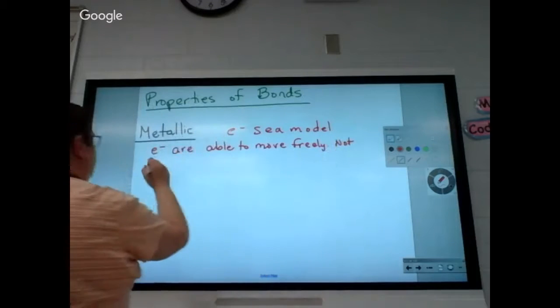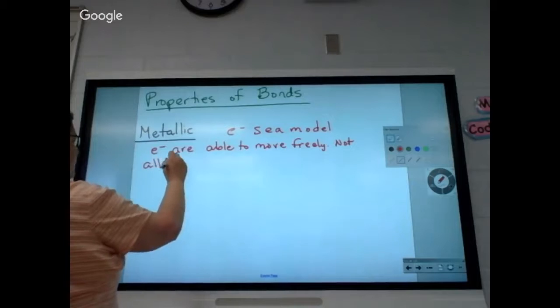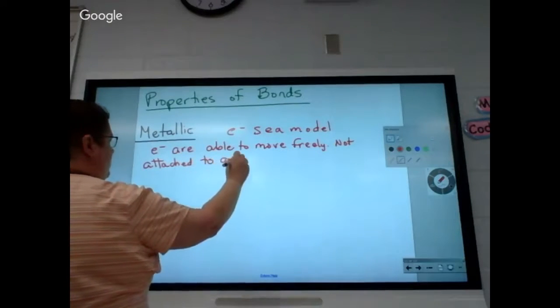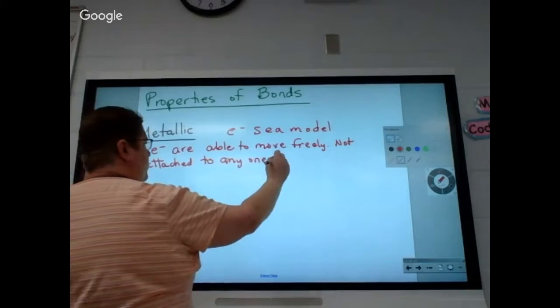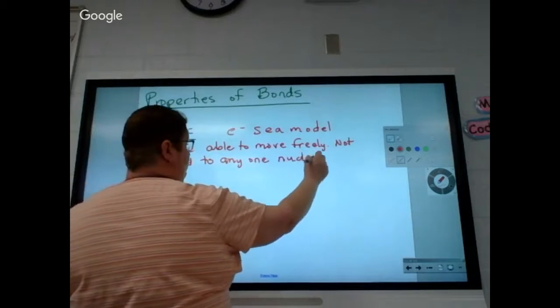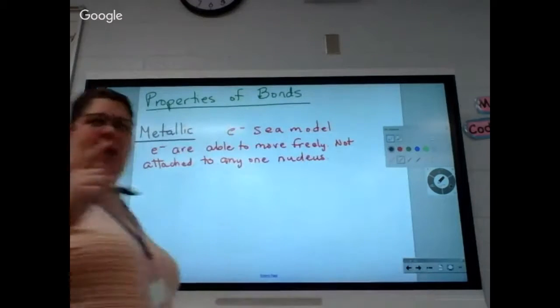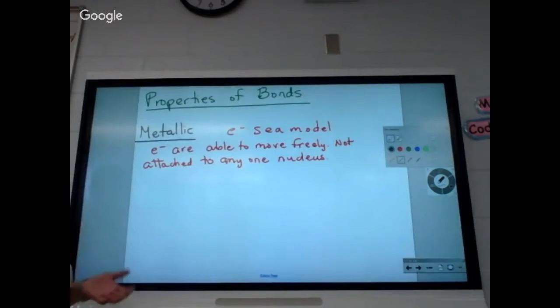They're not attached to any one nucleus. Now, that makes the metallic bond completely different than ionic or covalent, and it gives it unique properties.